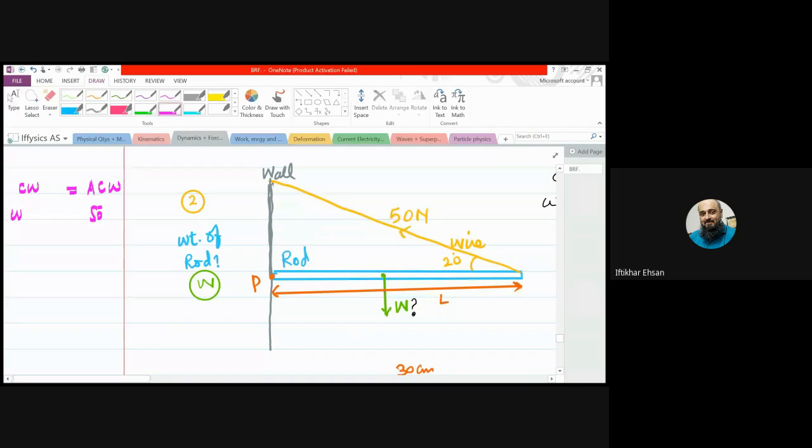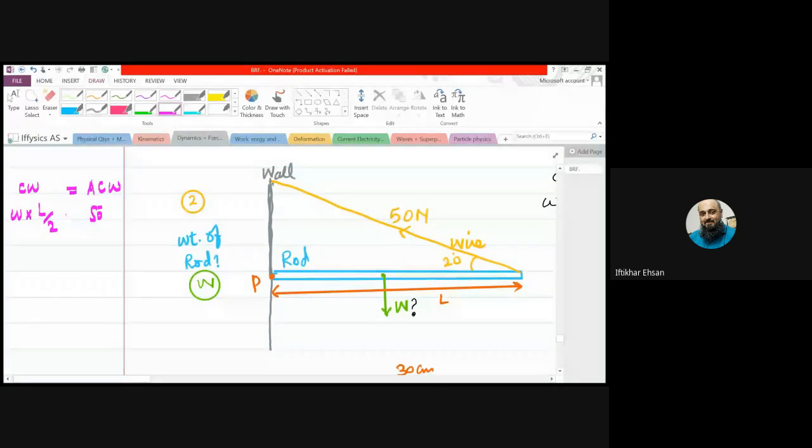So we will multiply F. The weight from the center will be half the length, right? So weight will be multiplied by L over 2.